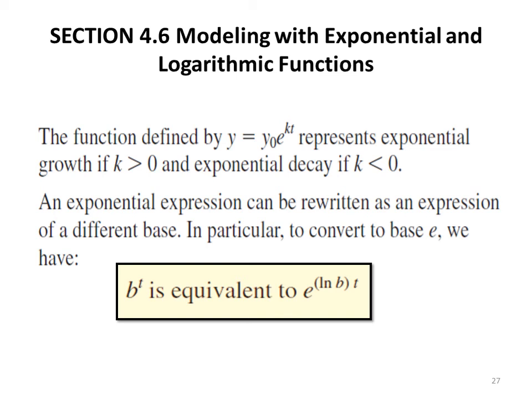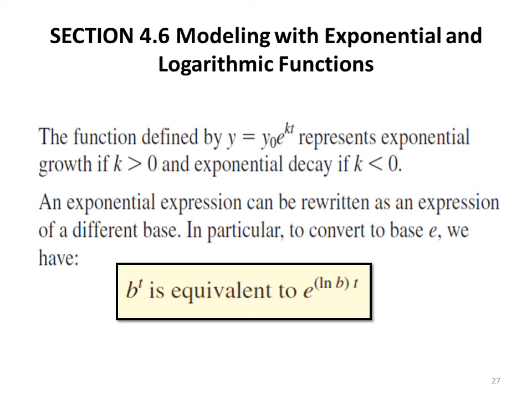And we will find in both cases this can be used as a model for some situations. An exponential expression can be rewritten as an expression of a different base. In particular, we saw this before. To convert to base e, we have b to the t is equivalent to e to the ln b times t.